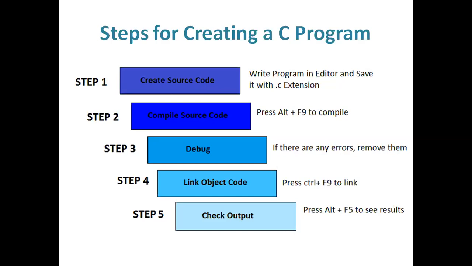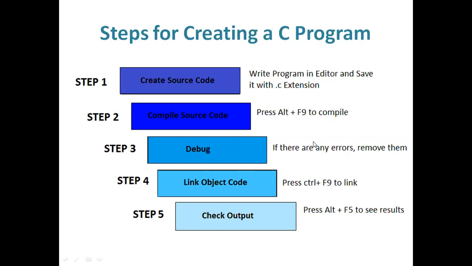You know that compilation is the process of converting the source code into the object code. You can use the shortcut key Alt plus F9 to compile. The third step is debugging. If there are any errors in your program, the compilation will not be successful. So first you have to remove those errors and then compile again.